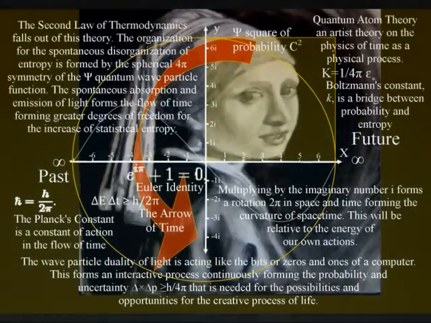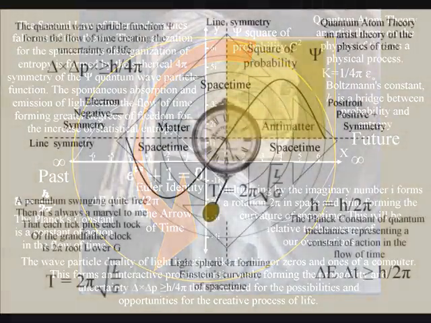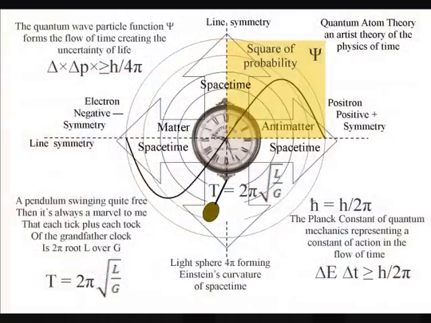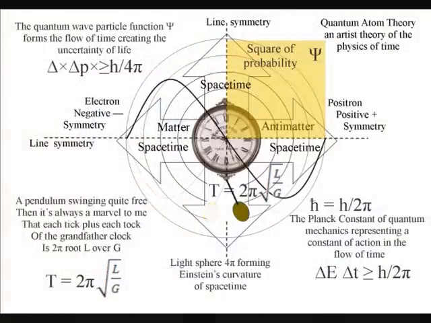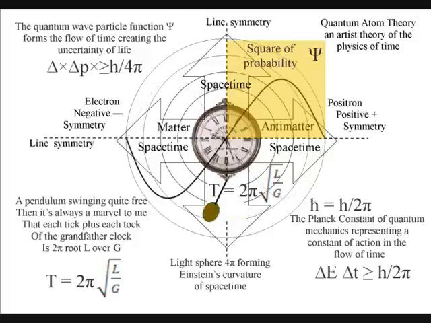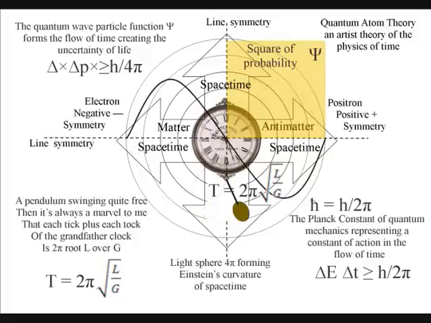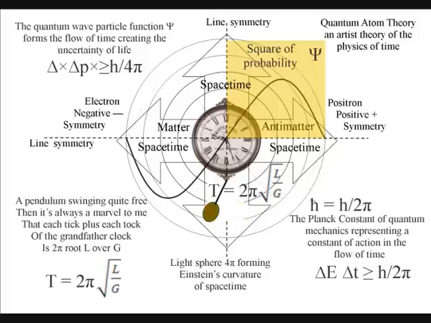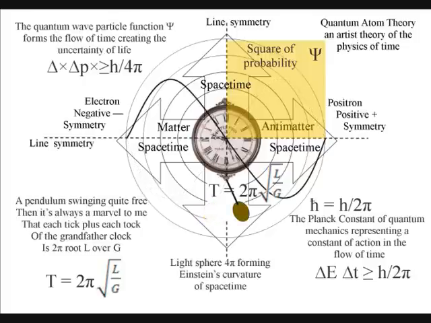In this diagram, representing the flow of time, in the top left-hand corner we have the equation known as Heisenberg's uncertainty principle, with 4π representing a sphere. We have 4π in this equation because the uncertainty principle is formed by the quantum wave particle function or probability function of quantum mechanics that expands out as an inverse sphere.